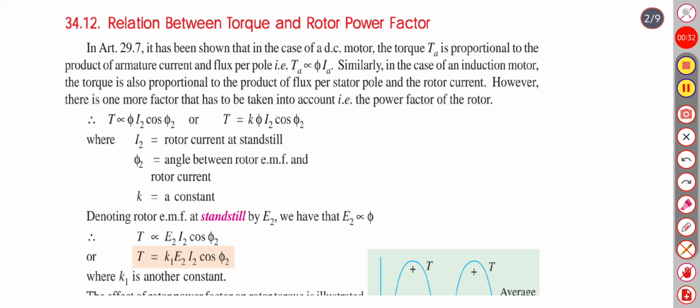It has been shown that in case of a DC motor, the torque is proportional to the product of armature current and the flux per pole.